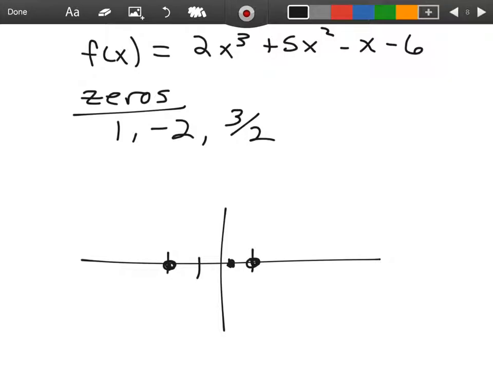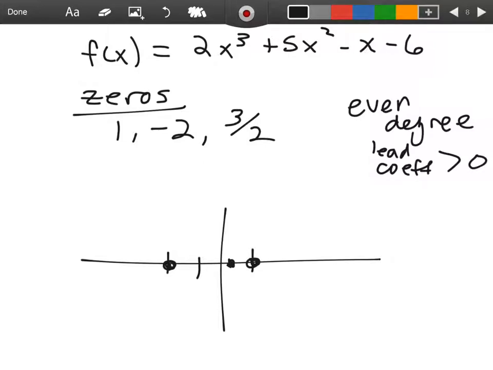Okay? It's even degree, and the lead coefficient is greater than 0. It's positive. So that means that our end behavior looks like, I'm sorry, it's not even degree. It's odd degree.